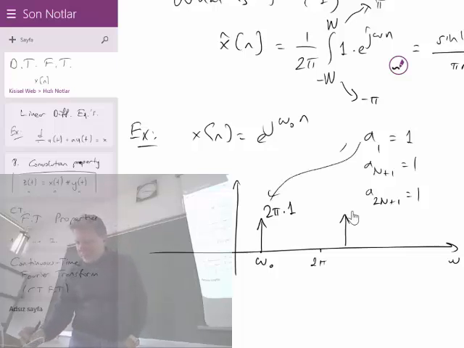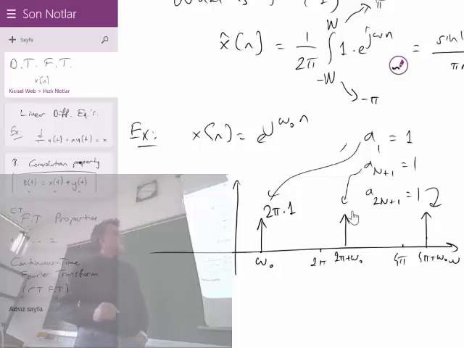So this is the impulse coming from here. This is the impulse coming from here. We also have, of course, 4 pi, and 4 pi plus omega 0 is here. So this position is 2 pi plus omega 0. This position is 4 pi plus omega 0. And it comes from the third.